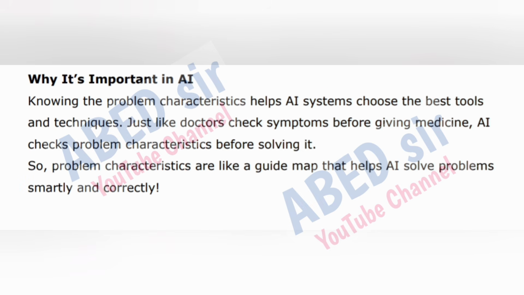Why it's important in AI? Knowing the problem characteristics helps AI systems choose the best tools and techniques. Just like doctors check symptoms before giving medicine, AI checks problem characteristics before solving it. So, problem characteristics are like a guide map that helps AI solve problems smartly and correctly.